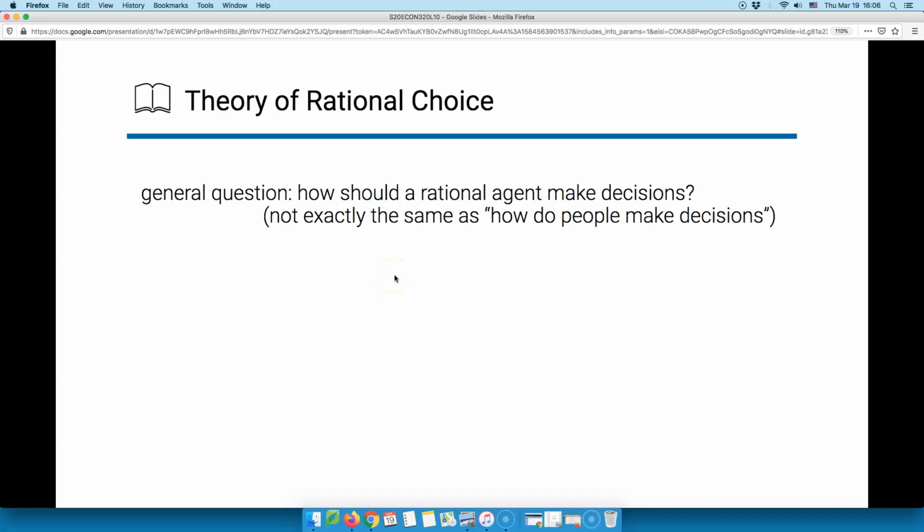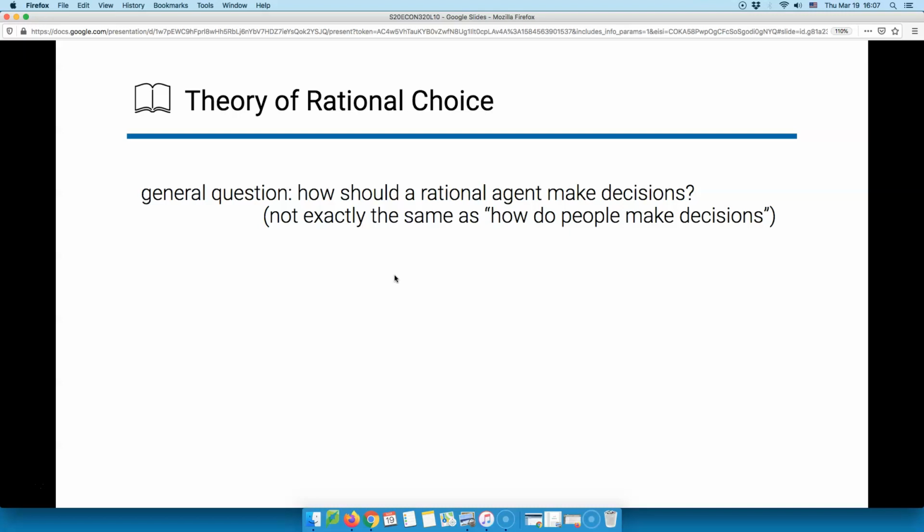So when we talk about the theory of rational choice, the general question that we have to consider is how should a rational agent make decisions? And I want to point out that it's not exactly the same question as how do people make decisions, because basically we want to construct a kind of a best case model in which there is perfect rationality and the decision maker does not make mistakes, does not hesitate, and so on.